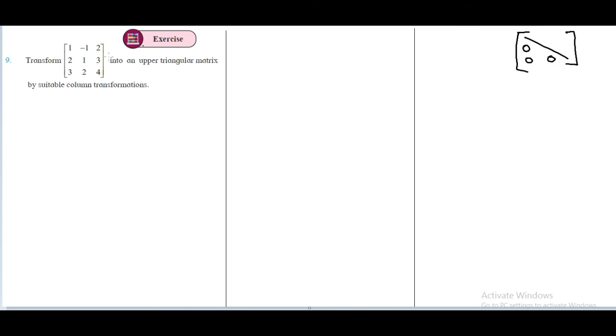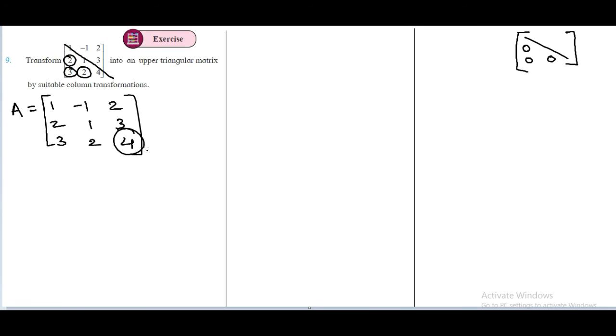Okay, so here what we need to do is, this is our diagonal, these elements we will have to make 0. Okay, so let us write down the given matrix with some name, that is A. Let's call this matrix A, that is 1 minus 1 2, 2 1 3, 3 2 4. Now to make our work easy, I'll first make this element 1.